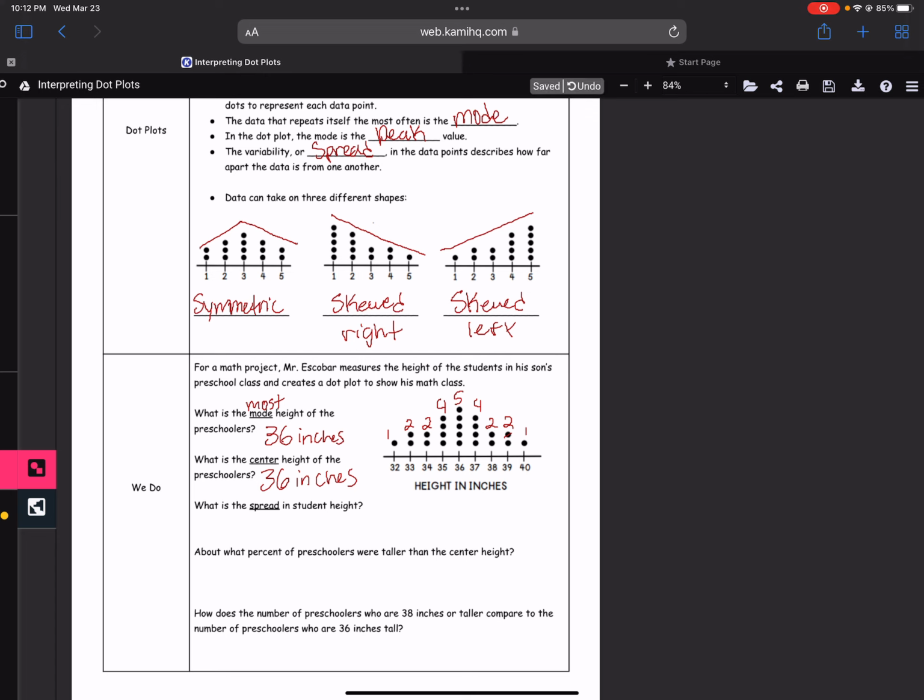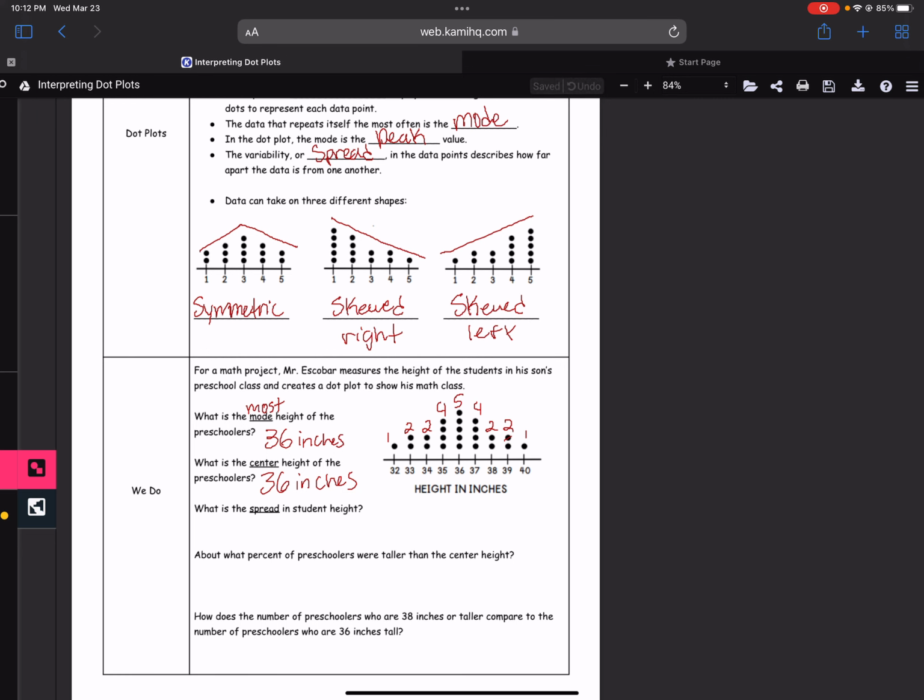And what is the spread of the student's height? So the spread we already discussed describes how apart the data is from one another. So we'll have the high minus the low, or the biggest minus the smallest. We should probably call it that.